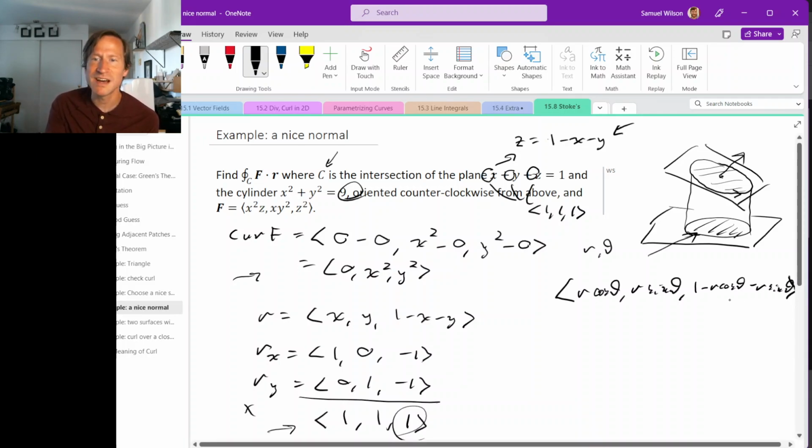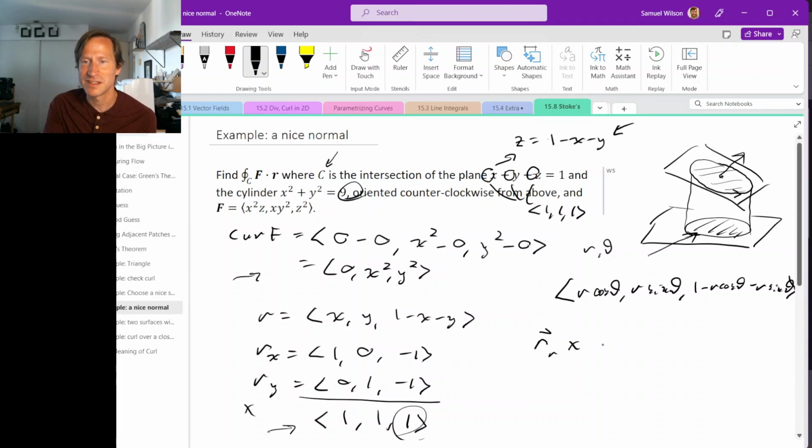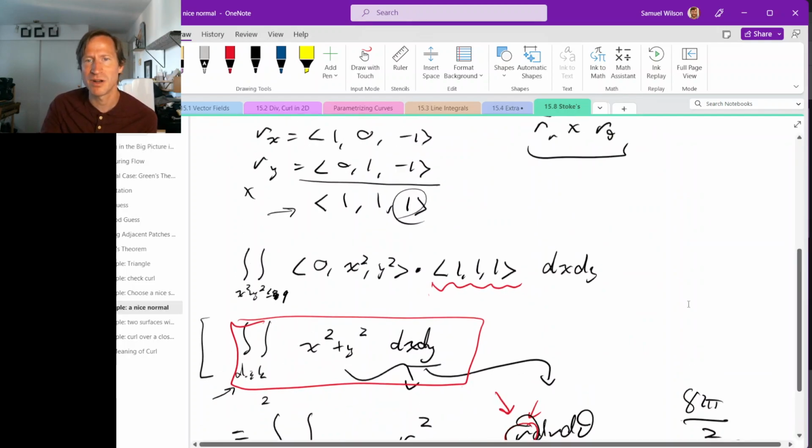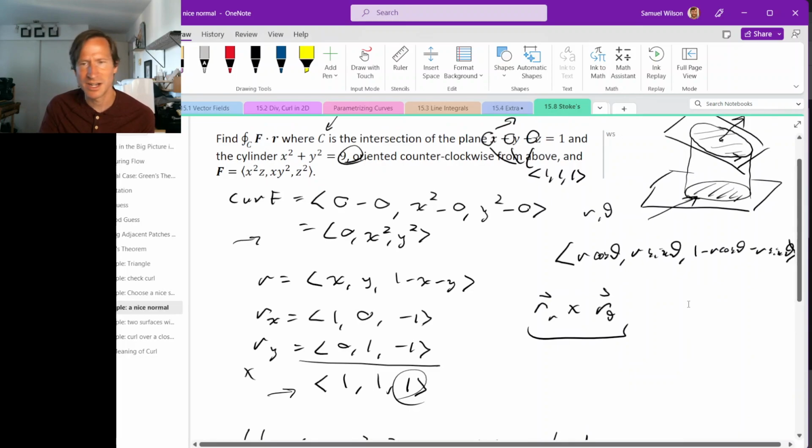If we had worked out this cross product to parameterize our surface integral, this would spit out the appropriate factor of radius. It would make this factor of radius show up on its own, so to speak.